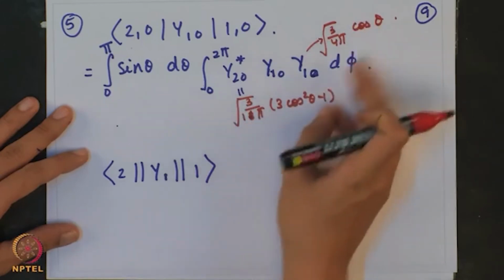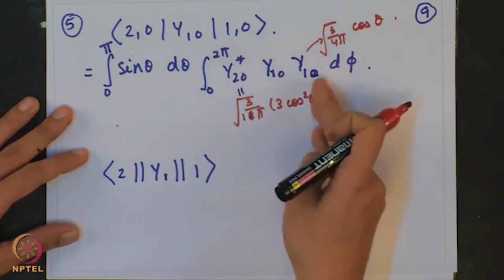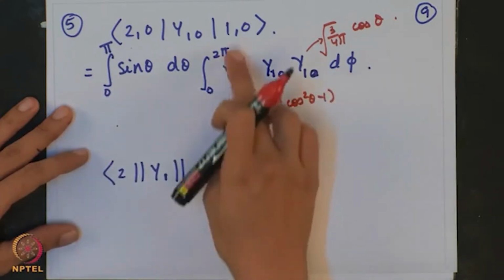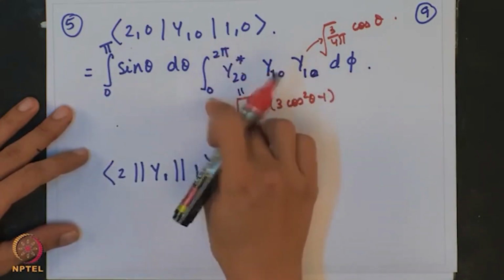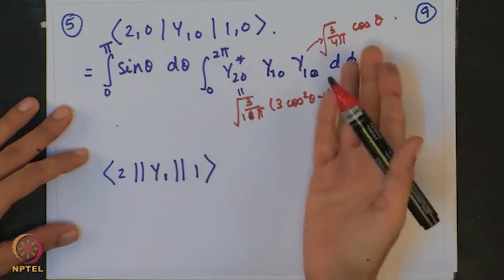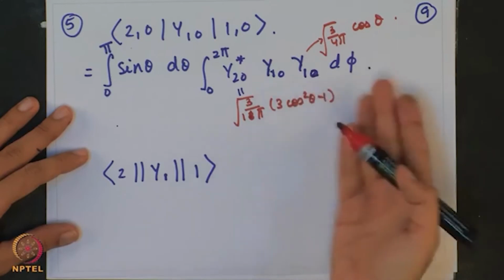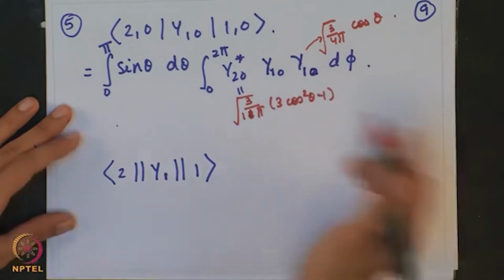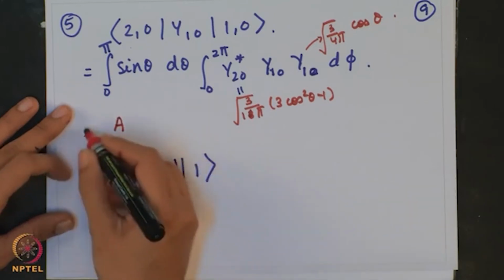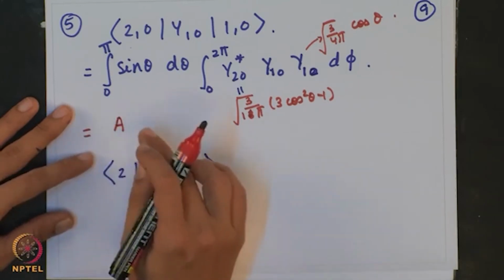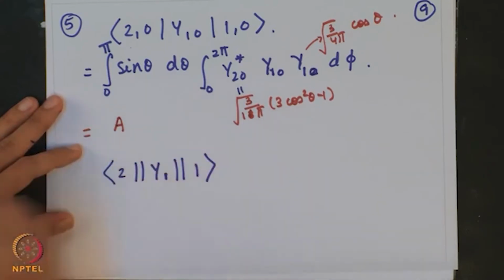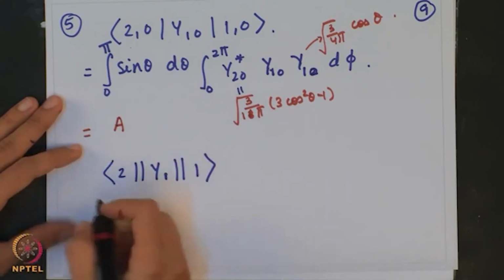You can evaluate this, just put these angular terms; theta goes from 0 to pi and phi goes from 0 to 2 pi. So, you will have a 2 pi factor and the remaining you can just work out by putting cos theta as some t or something like that and just evaluate. You will get some answer, let me call it A, some constant you will get, okay, and that constant you have now.